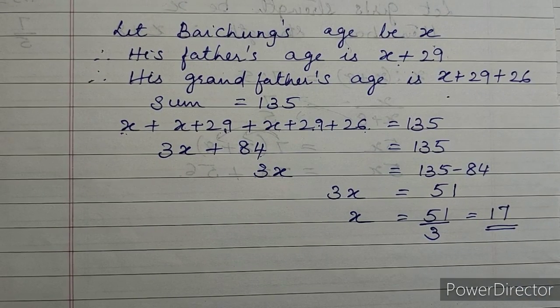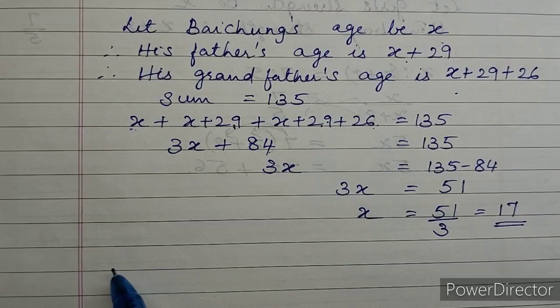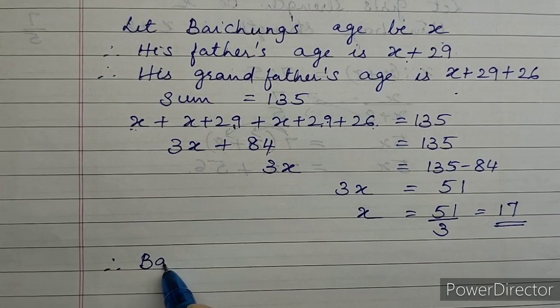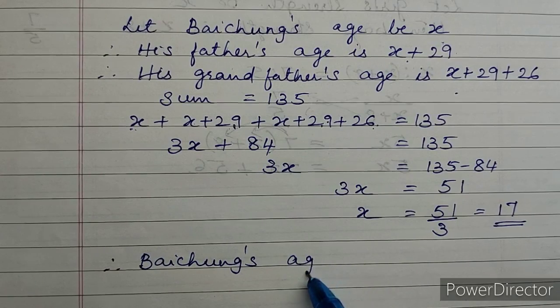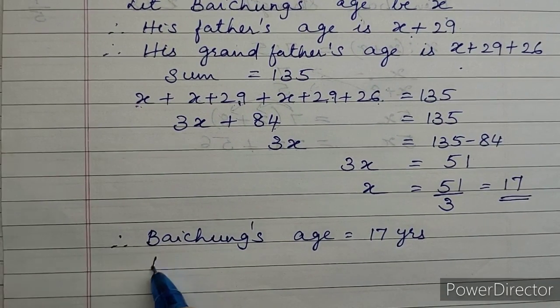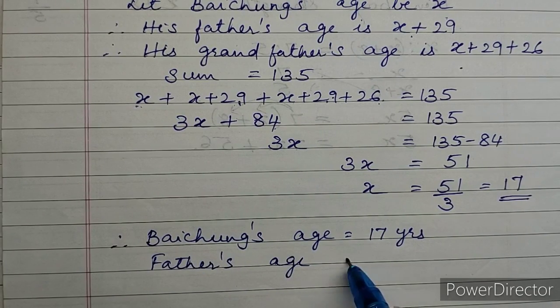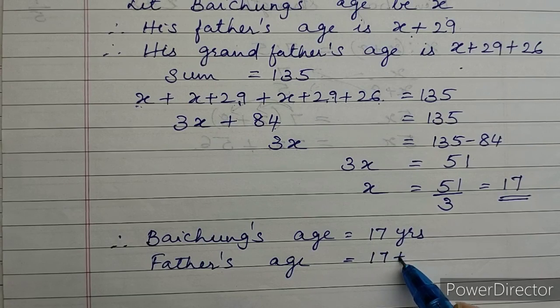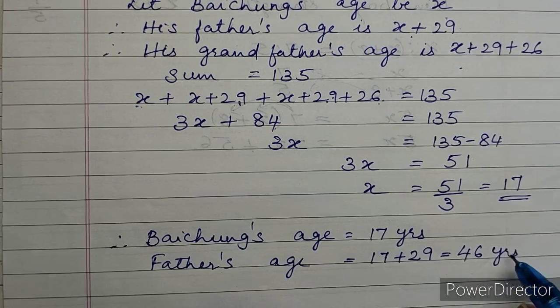So x is equal to 17. That means Baichung's age is 17 years. What is his father's age? Father's age equals 17 plus 29. That is 46 years.